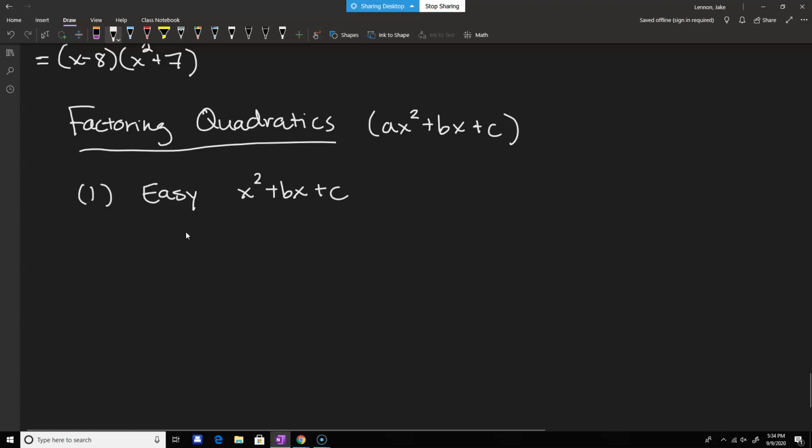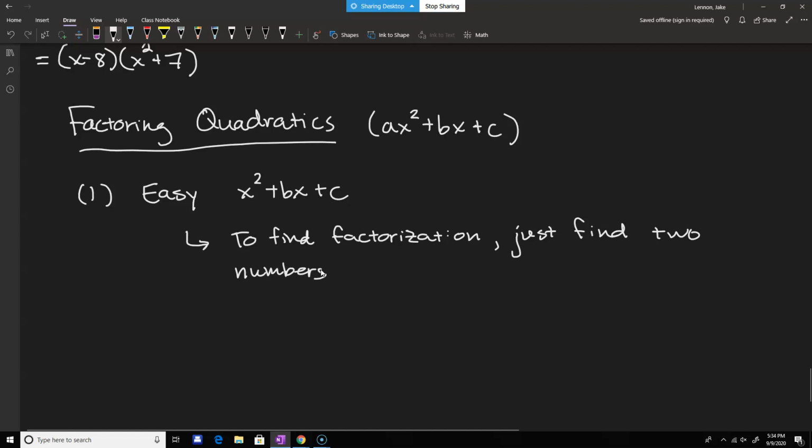So for instance, to find the factorization, just find two numbers that multiply to c but add up to b.